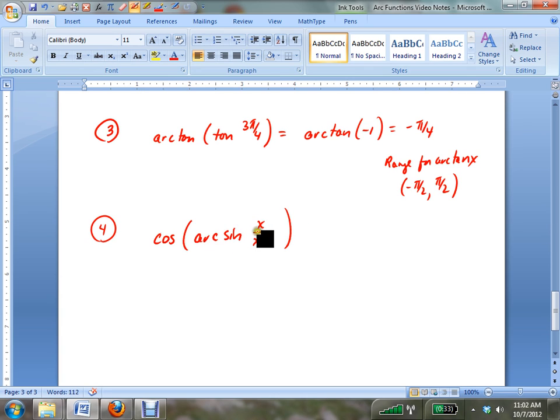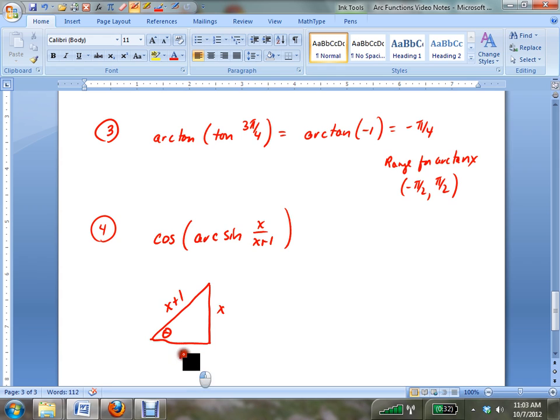Remember, the inputs for an arc function are trig ratios, and the output for the arc function is an angle. So let's go ahead and draw our triangle. This is our theta, and if we are doing the arcsine, we know the opposite would have been x, and this must have been the hypotenuse.